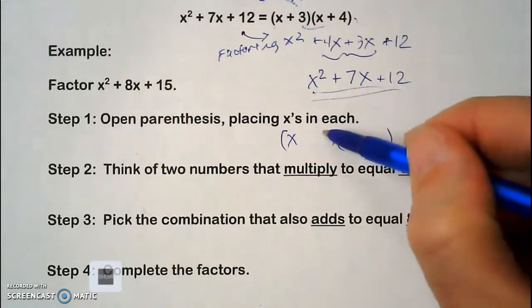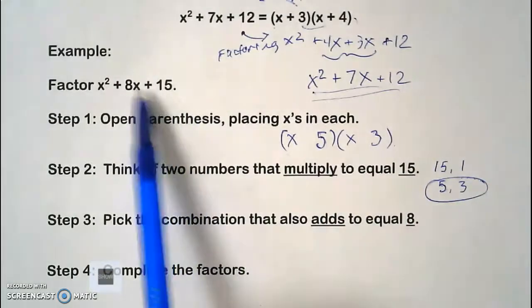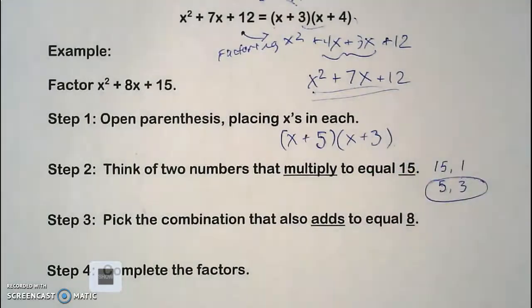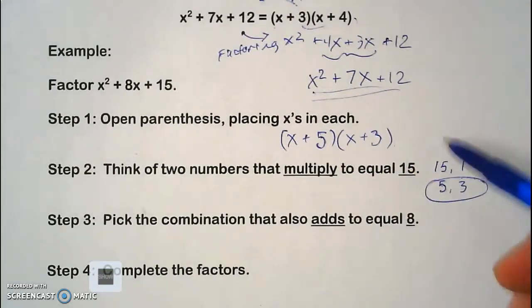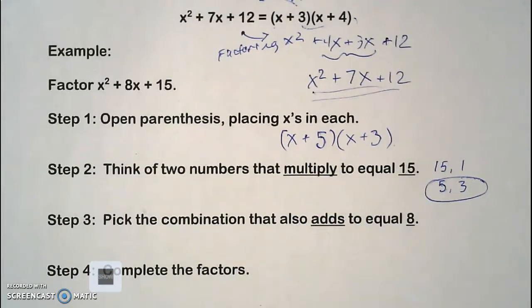So you put 5 and 3 in here, and you make sure your signs work. You have a positive 15 and a positive 8. That means you're adding both. And that's our answer. So our answer is going to look like binomial multiplication. And if you remember, we had an assignment called binomial multiplication. Okay, so we have some examples.